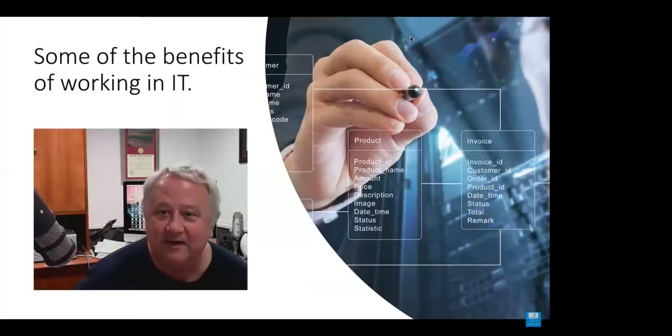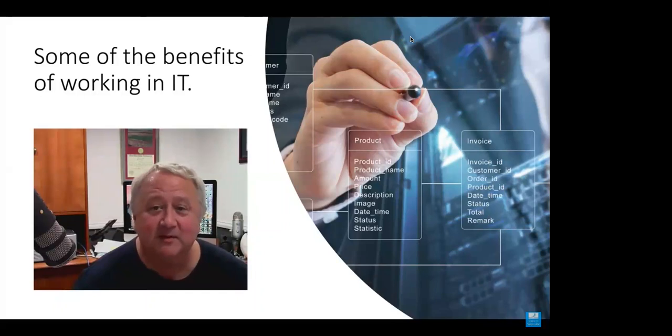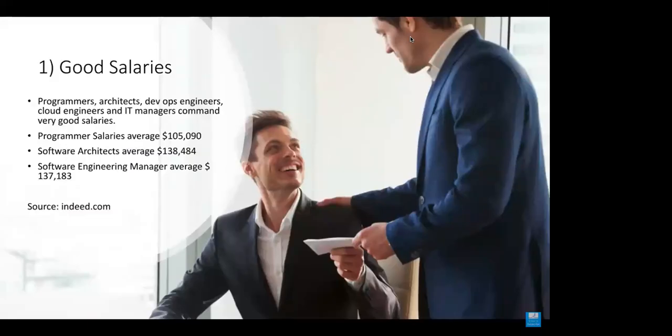So to be fair, I've divided this video into two parts. In the first part, I'll talk about the good or the benefits of being in the IT business. And the second part, maybe I'll talk about some of the limitations or the not so good about being in the IT business. So let's go ahead and start and look at the advantages first. The first benefit that we'll look at is being in the IT business affords you a very good salary.